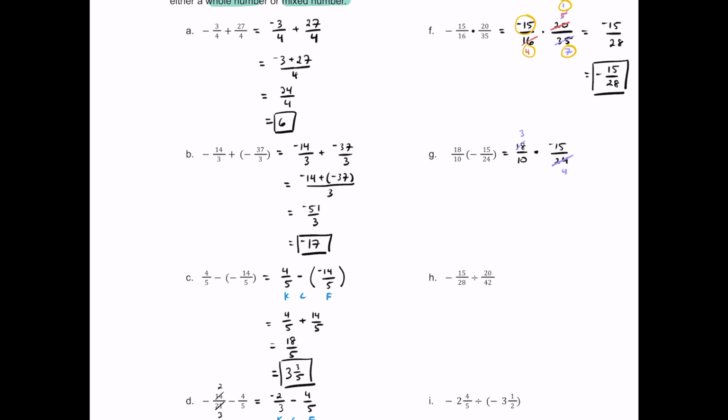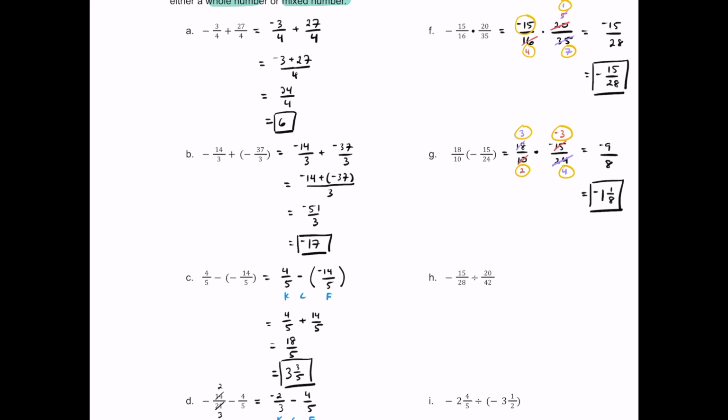And for the 10 and 15, we can divide by 5, that'll be 2, and divide by 5, that will be negative 3. Don't forget that negative there, that might get you. Then on top, this 3 times negative 3 is going to be negative 9. And on bottom, this 2 times 4 is going to be 8. So as a mixed number, that's going to be negative 1 and 1/8.